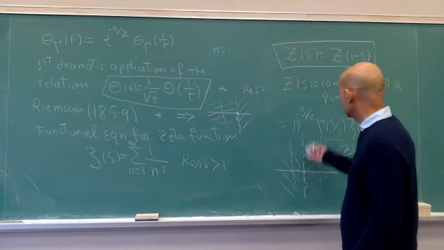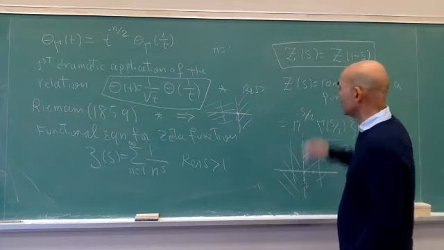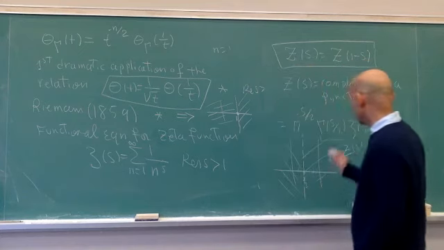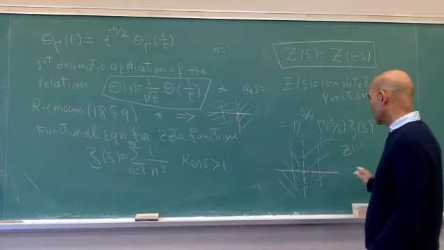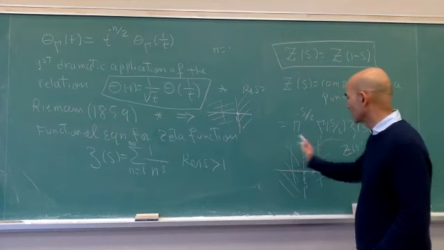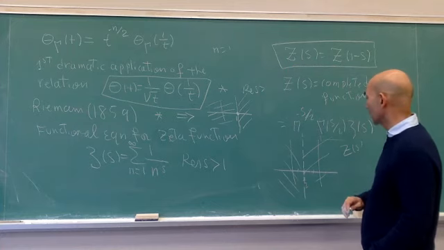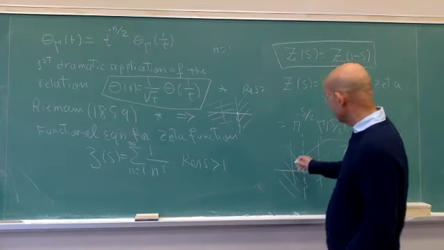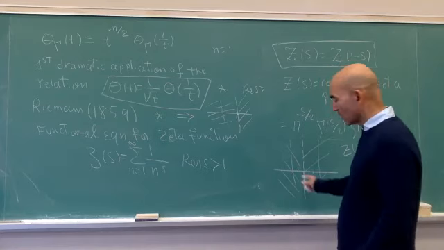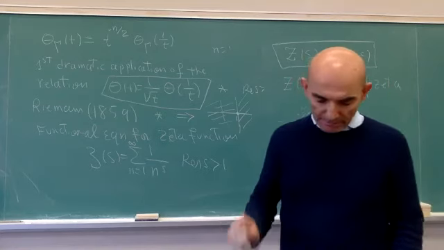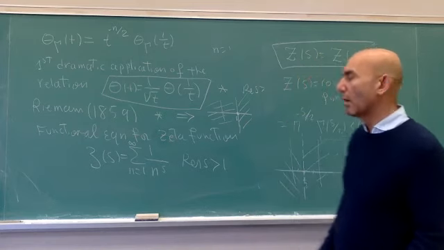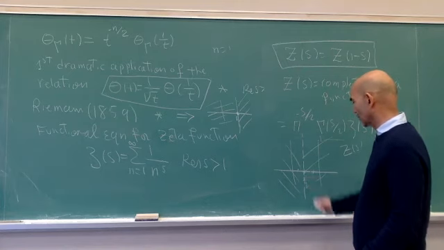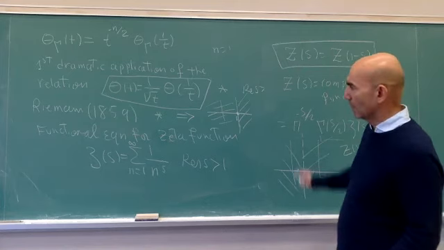This equation is very important for this famous functional equation. It's very important for Riemann zeta because it tells you that the values on the left-hand side are determined by values on the right-hand side of the critical line. And all zeros, except for trivial zeros, which are at negative even integers, are conjectured to be on the critical line.